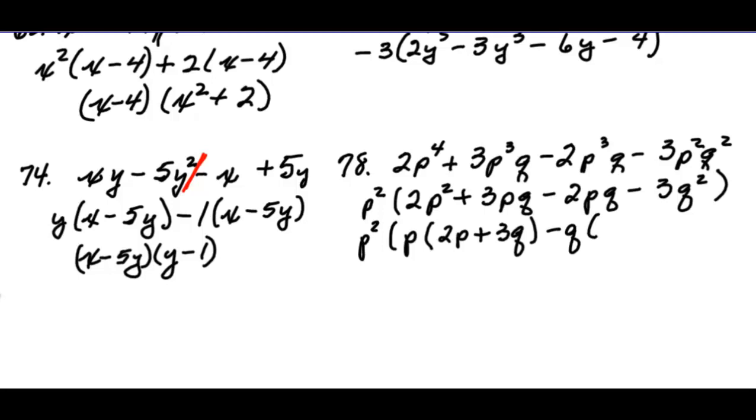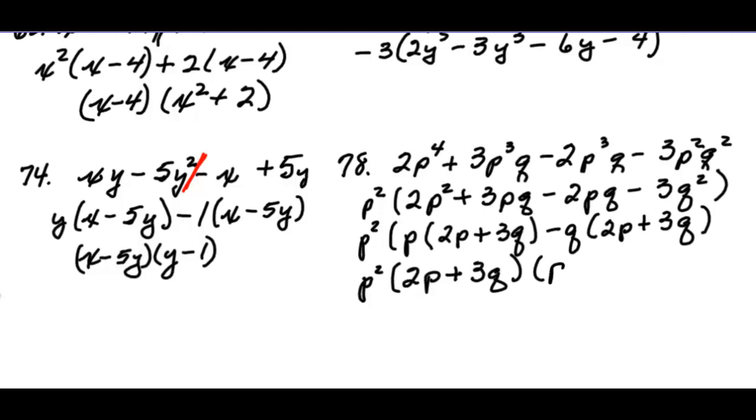And what we have left then is 2p plus, I'm sorry, 3q. So now we've got a common term in there, 2p plus 3q. It's common to both. So we didn't have to regroup these. I thought we might, but we didn't have to. Now what we've got is 2p plus 3q times what's left, which is p minus q.